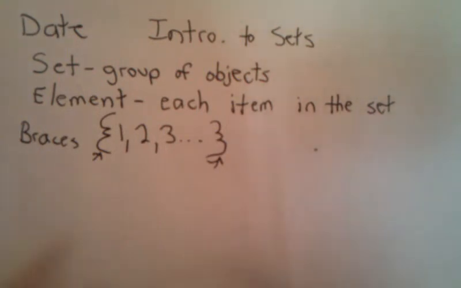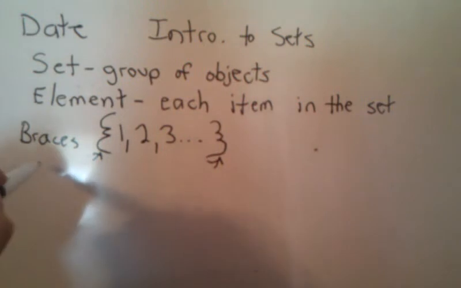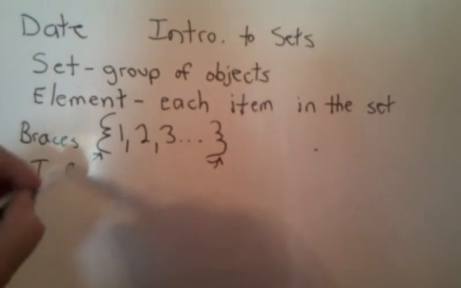Okay, now in this set, can I count the elements in the set? Well, 1, 2, 3, but this means it keeps going. So I can't count these elements. So this kind of set is an infinite set.